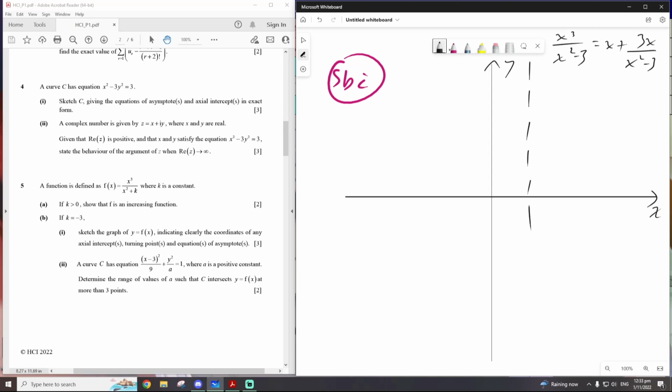So let me just draw them in: x equals negative root 3 and x equals positive root 3 here, and the line y equals x will be here.